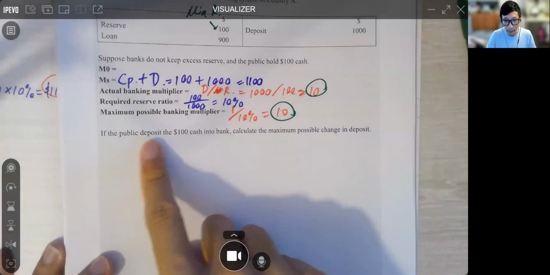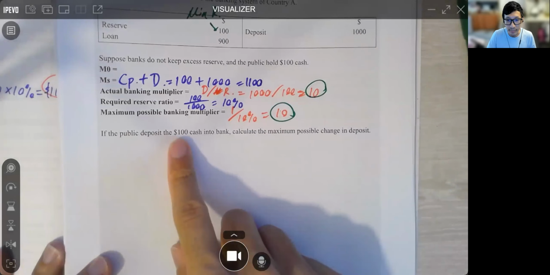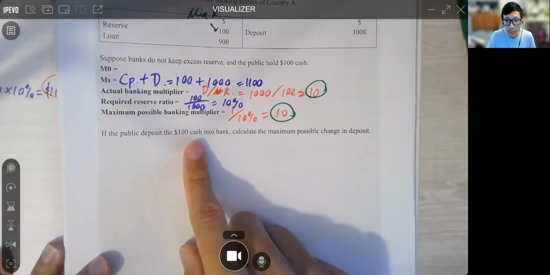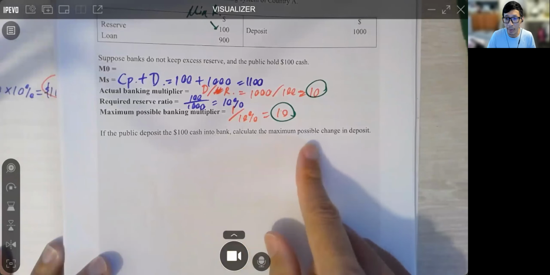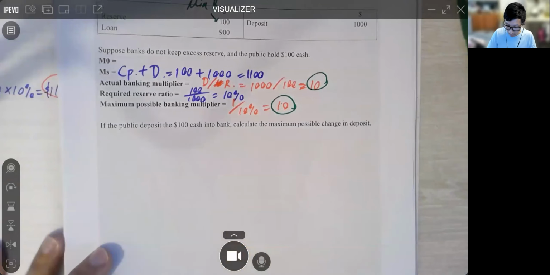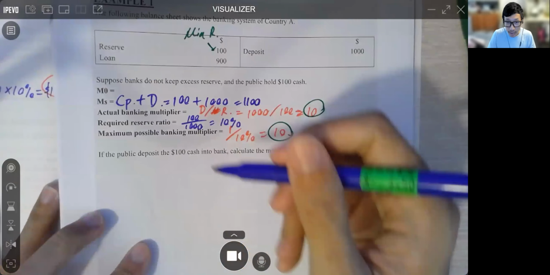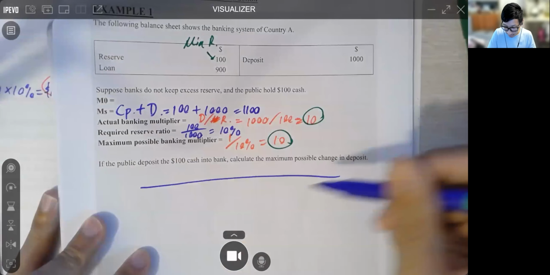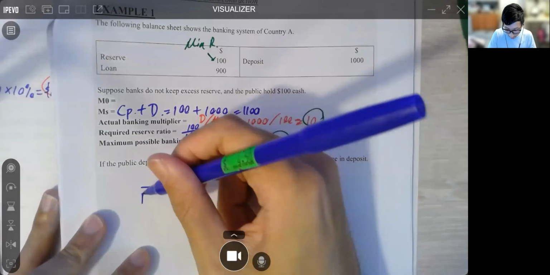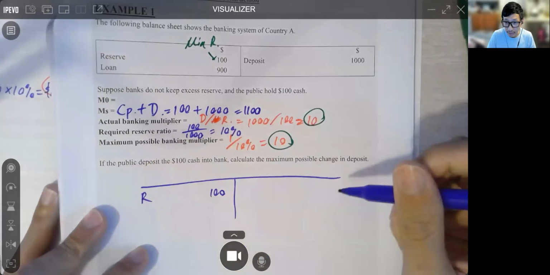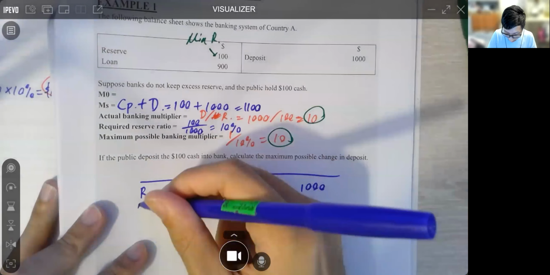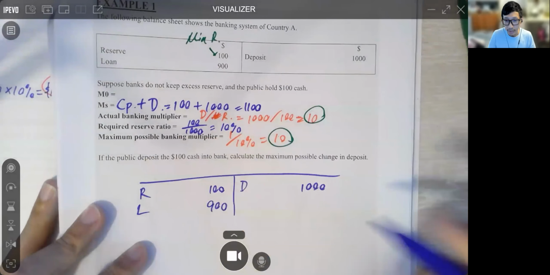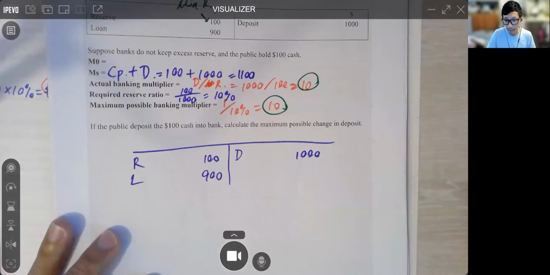Let's say the public deposit the $100 cash in the banks. We need to calculate the maximum possible change in deposit. OK, now boys, how do we do this? Let's first copy the balance sheets. Reserve 100. Deposit 1,000. Loan 900, right?